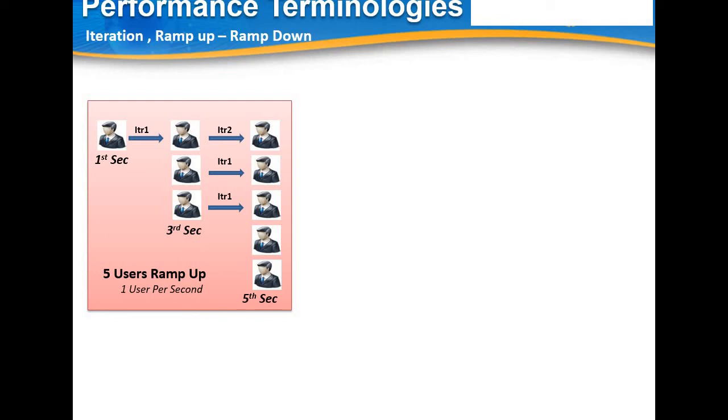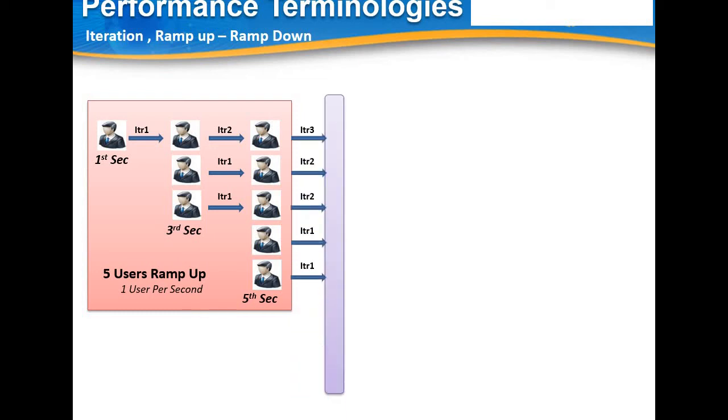So over here, 5 users ramp up in the application in 5 seconds, and they are performing their specific iteration. What is an iteration? An iteration is a complete cycle, or complete execution, of one test case. When the first user came, he performed his complete first iteration.